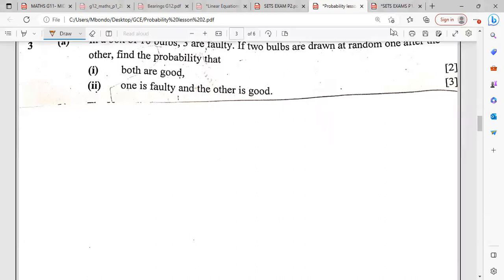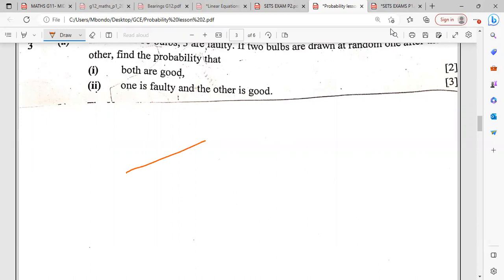Now, you know that there are 2 bulbs that were drawn at random. So this is the first draw. This is going to be for the good bulb, and this is going to be for the 40 bulb, the bulb that had the 40.